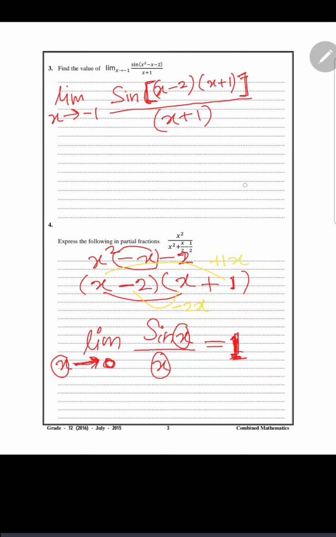Okay, now the angle of the sine expression here is that product, x minus 2 into x plus 1.